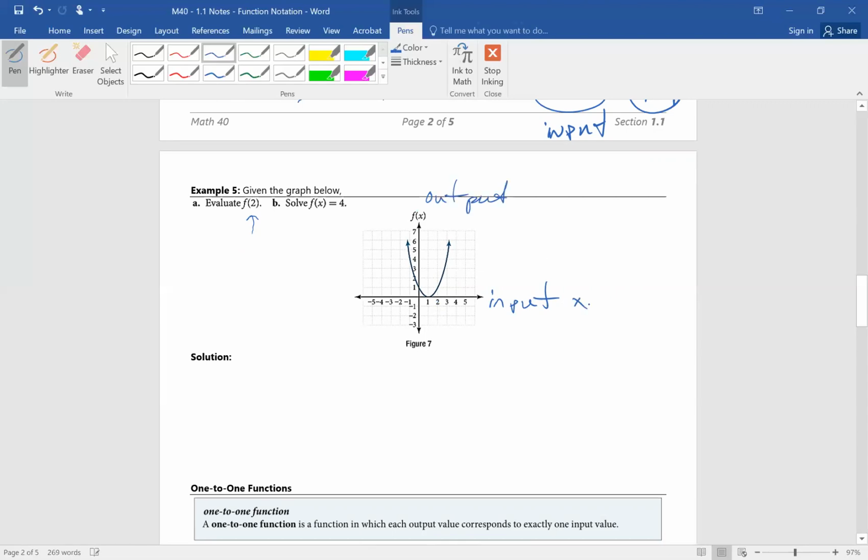In this case, input's going to be x, output's going to be y. And if I'm looking at this graph, when the x is 2, my y value is right here. Actually, I think it's 1? So my answer to this, if I plug in 2, my answer should be 1. It's okay to put the solution there.